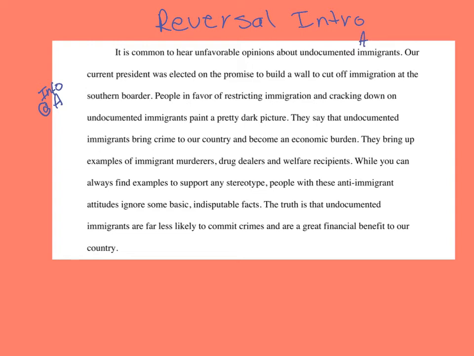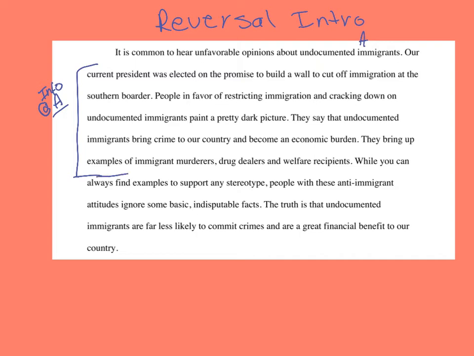They say that undocumented immigrants bring crime to our country and become an economic burden. They bring up examples of immigrant murderers, drug dealers, and welfare recipients. Okay, so all of this is giving more detail about opinion A or idea A.